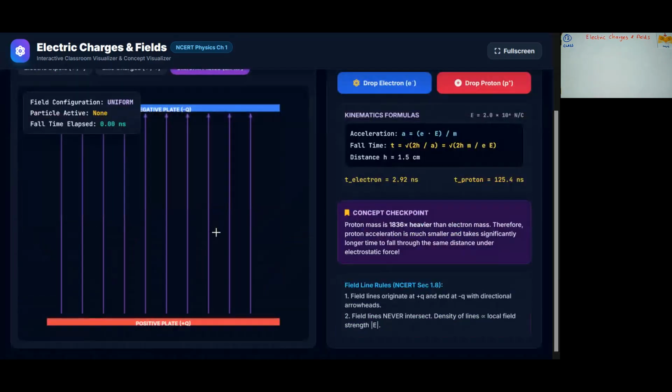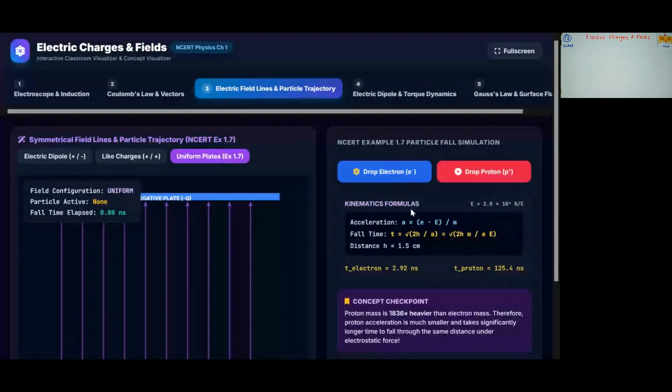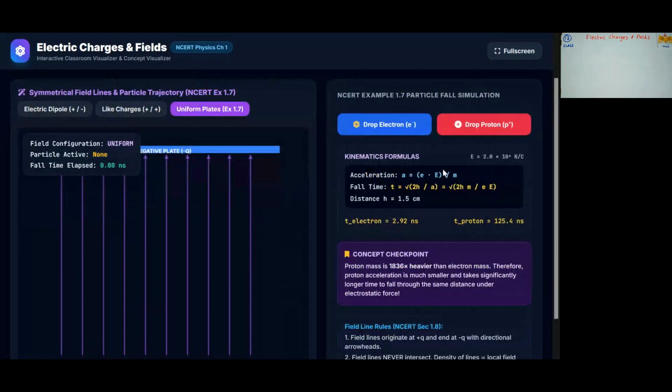Now I will go into the uniform plates. Here we have two parallel charged plates creating a uniform upward electric field E of 2.0 × 10^4 Newton per Coulomb. Here you can see that value, the electric field created by the two parallel plates.